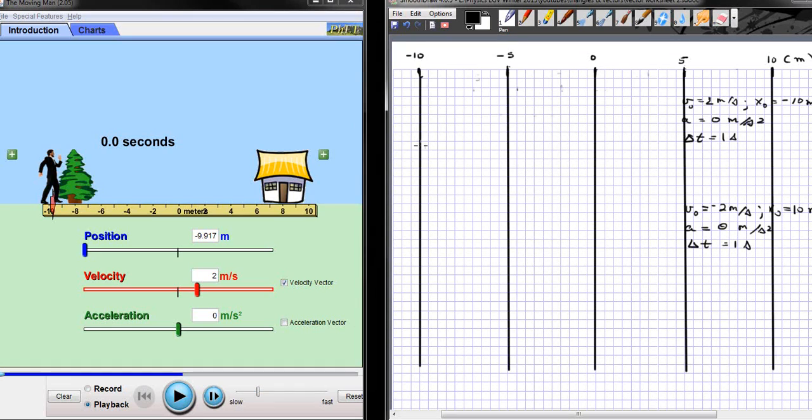So what I want to communicate is that at time 0, he is at position -10, and 1 second later. So let's start him walking again. This is a playback of what we just did.